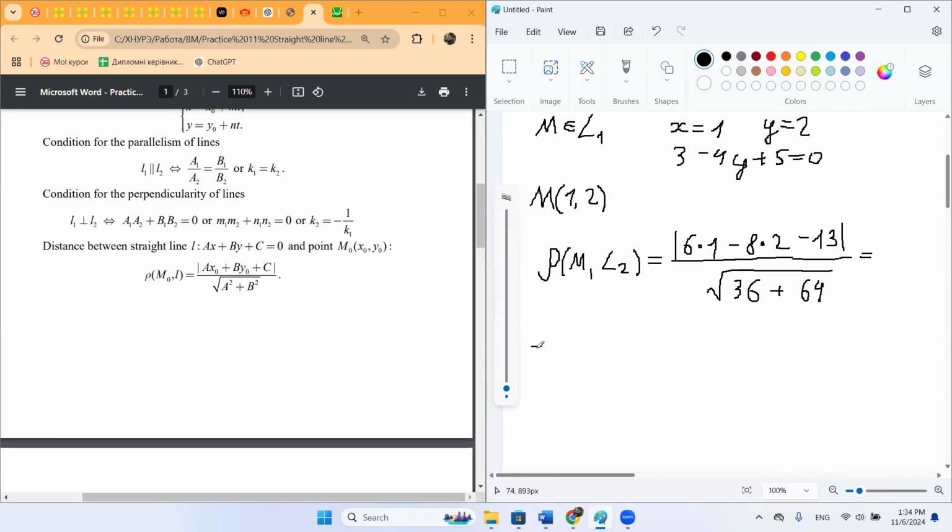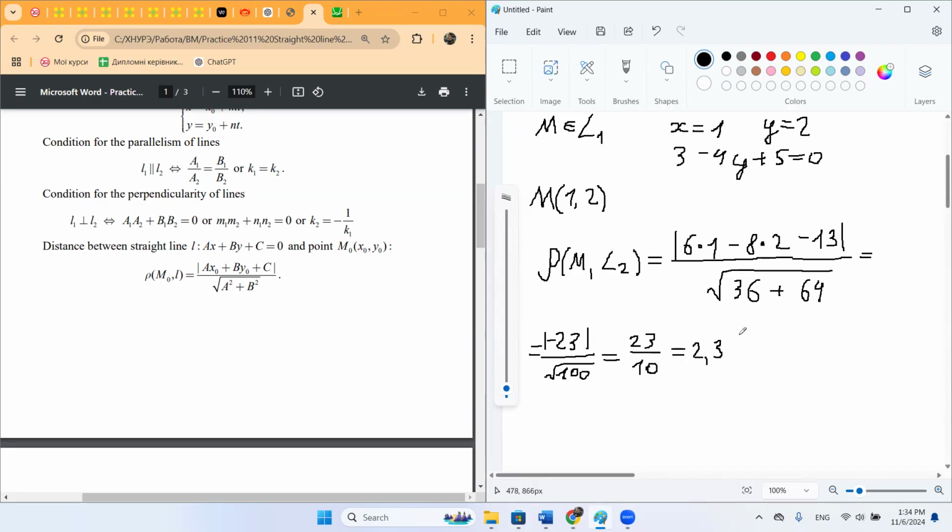Nice example. So what we have here? 6 minus 16 minus 13, so 23 in absolute value, and here square root of 100. So 23 by 10. So this is the distance. And in a more understandable way, in decimal form, 2.3.